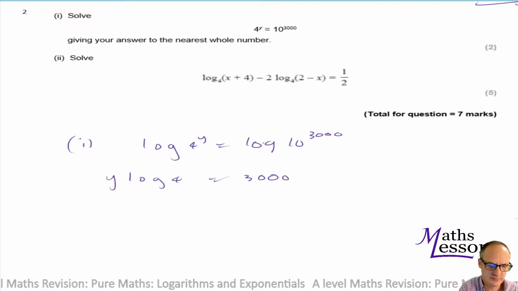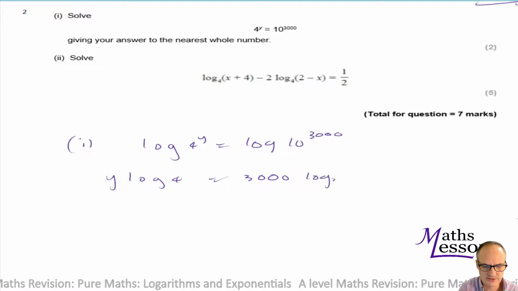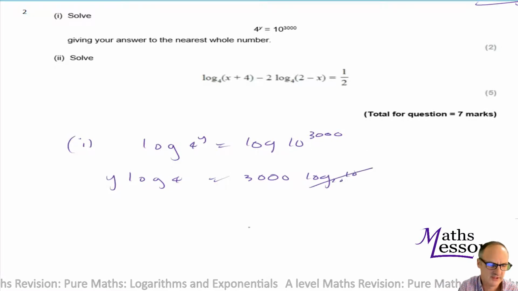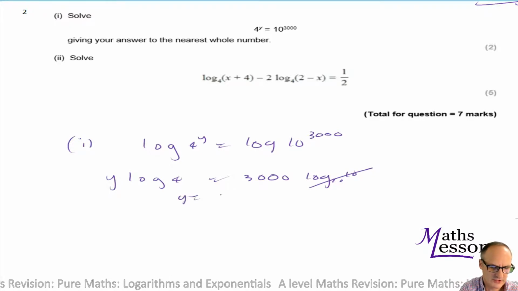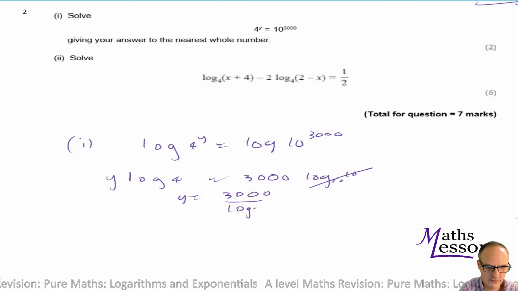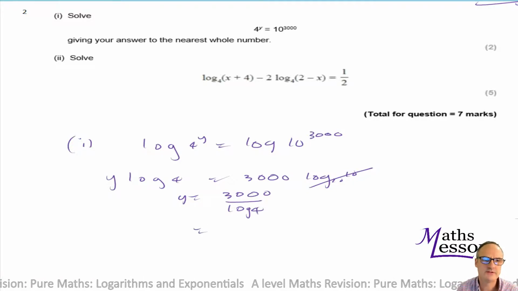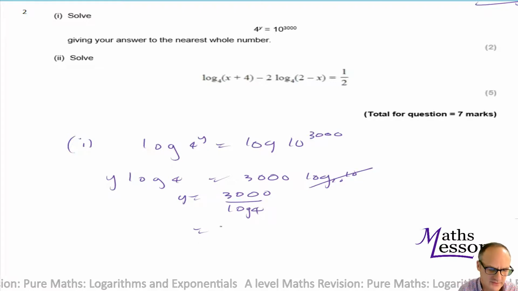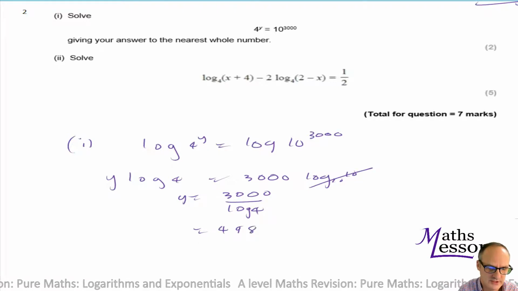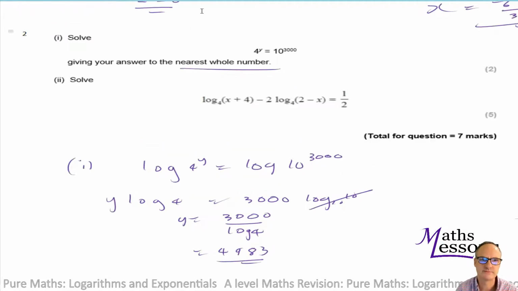Log base 10 of 10 is just 1, so I don't need to really worry about that. Therefore I just get y is equal to 3000 over log of 4, and our calculators can cope with that, no problem. And when they do that, they get 4,983 to the nearest whole number is what we've been asked for here.